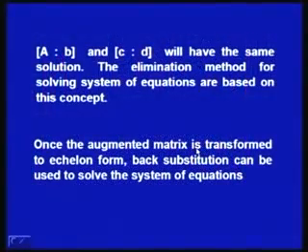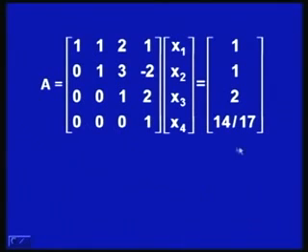What we do is we consider the augmented matrix and transform into echelon form. Once it is transformed into echelon form, then we use back substitution and get the solution of the equations. Like in this case, we have been given a system of equations, and this matrix is converted into this form, and from here we can apply back substitution, like this in echelon form.